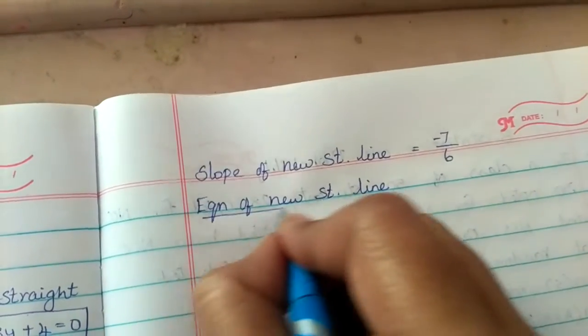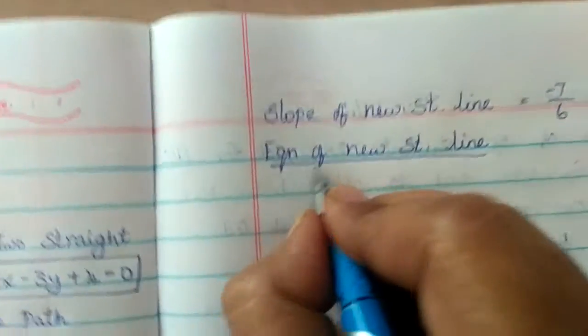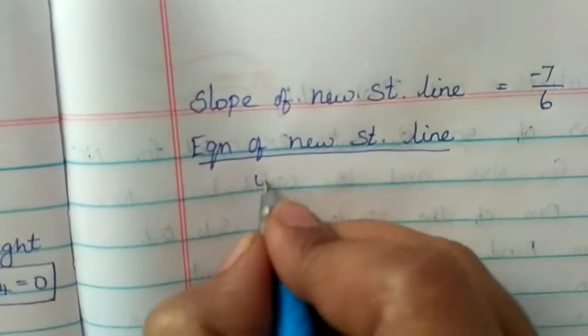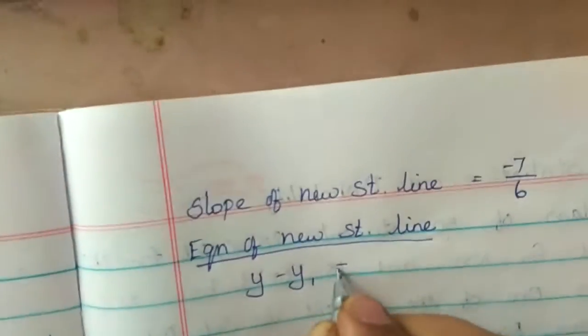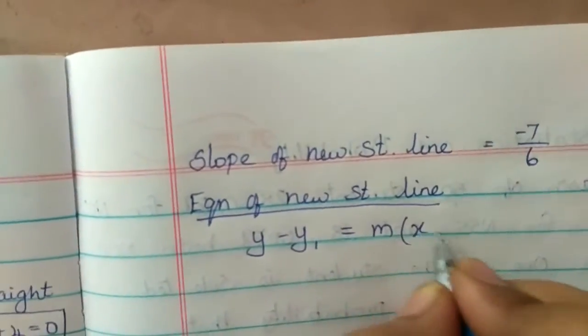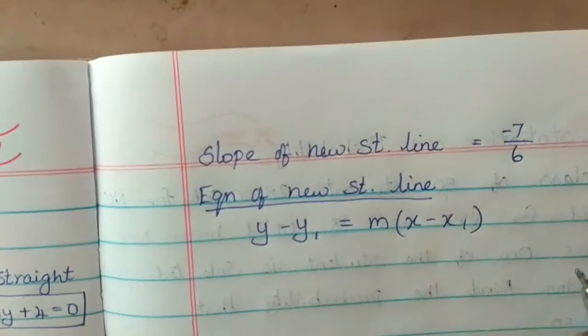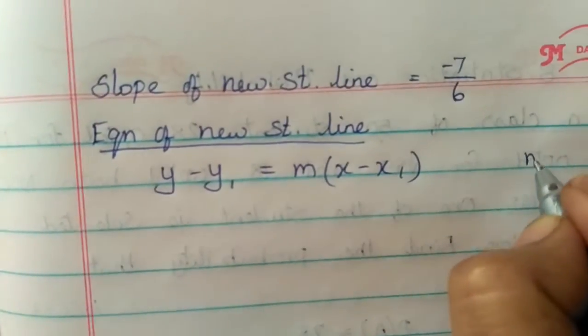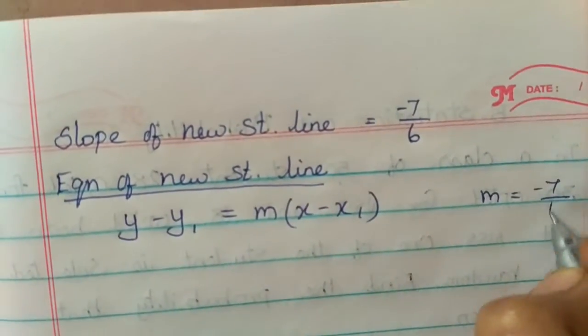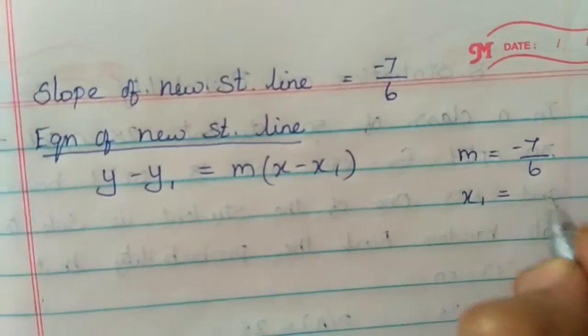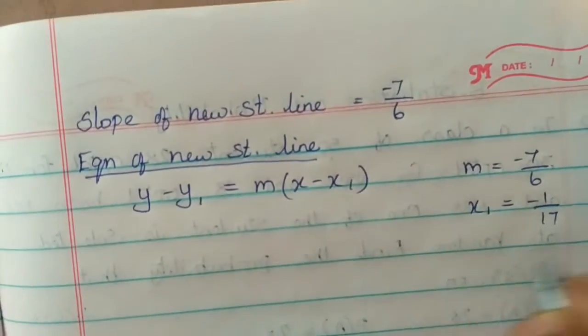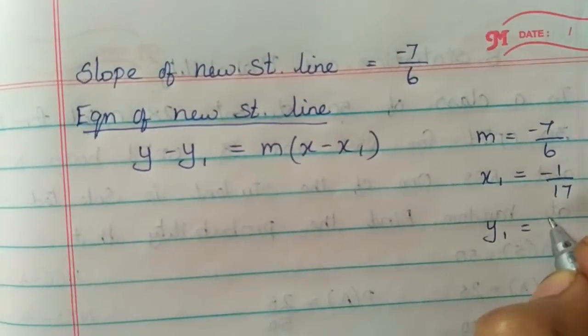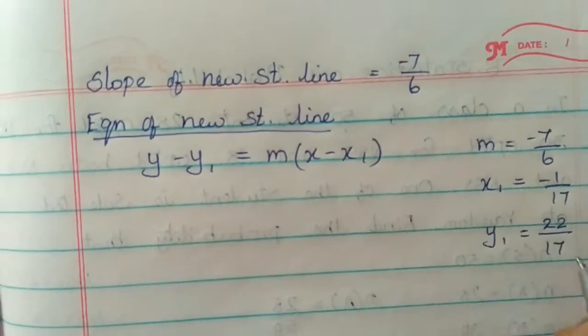So next, at the last step, we have to find the equation of the new straight line using the formula y minus y1 equal to m into x minus x1. Here m equal to minus 7 by 6, x1 equal to minus 1 by 17, y1 equal to 22 by 17.